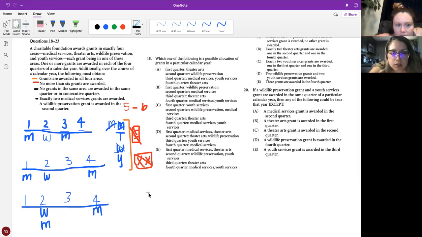Let me see how it violates rules. So W in 2. Okay, so this B violates the last rule because in the second quarter you need to have W.